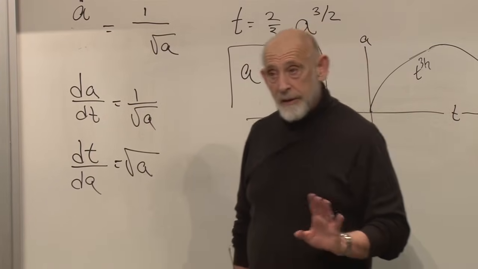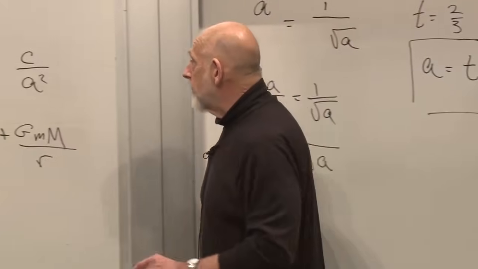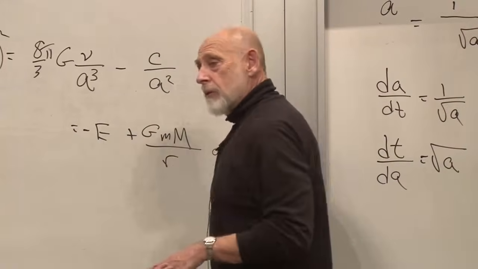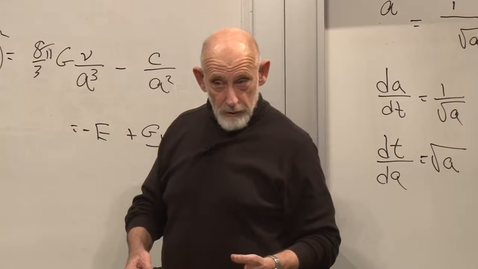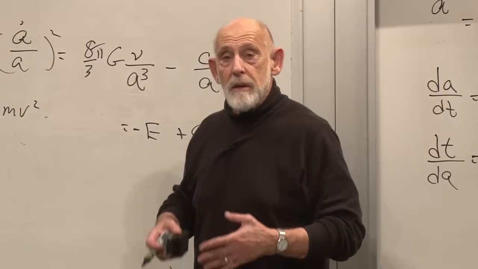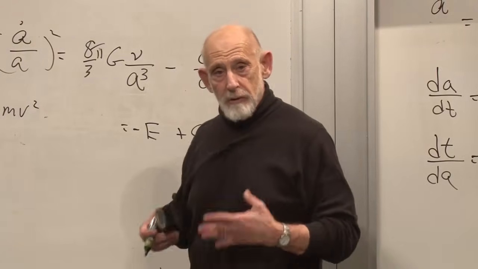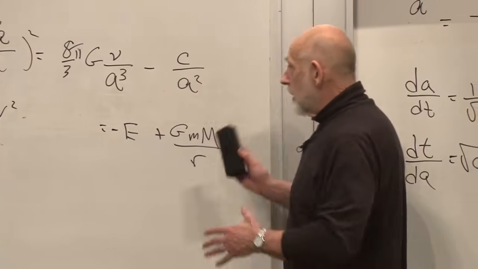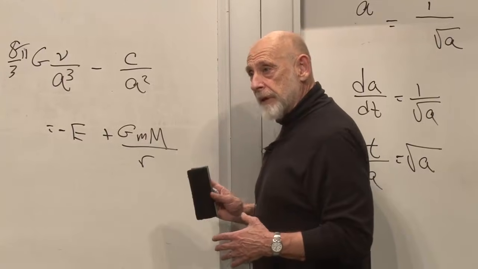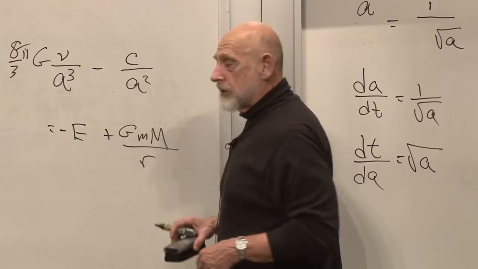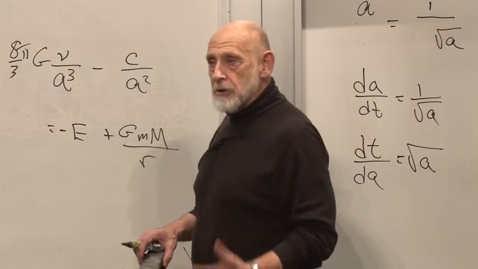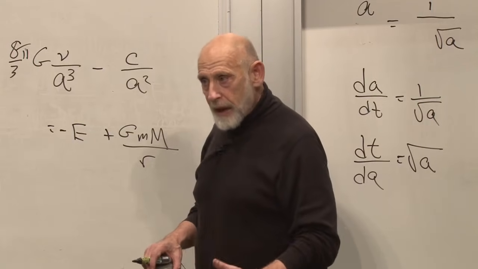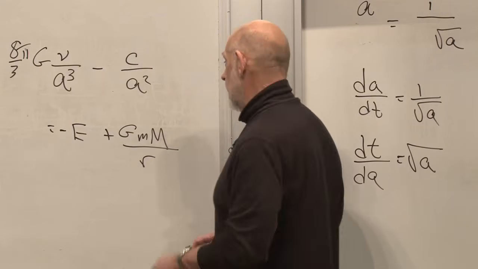Not tonight. Next time we'll talk about the connection of this constant C with the spatial geometry of the universe. That's the main thing that general relativity brought to bear on this. The equations are exactly the same, but the significance of this constant C takes on a new dimension and has to do with geometry, but not tonight.